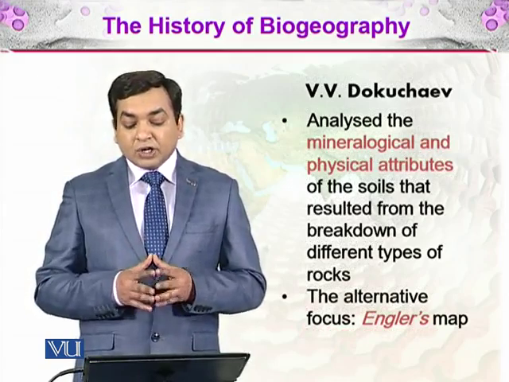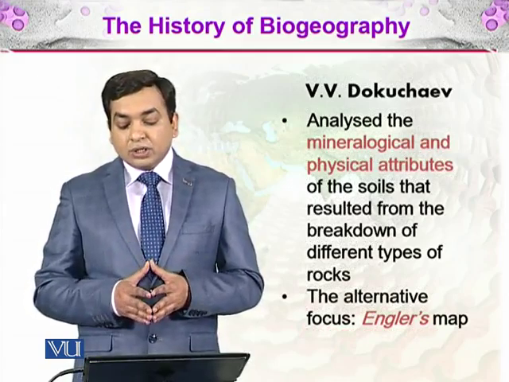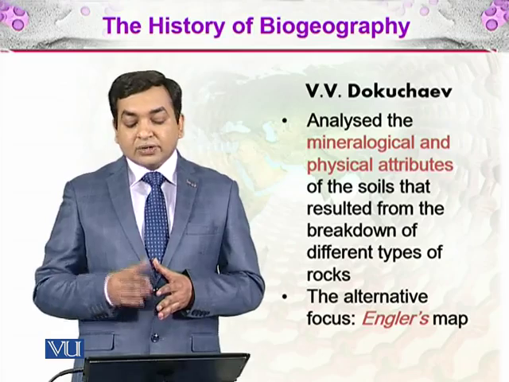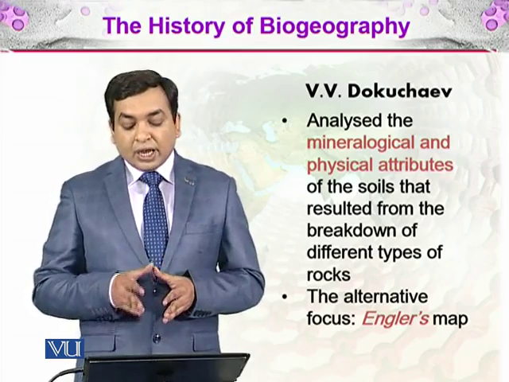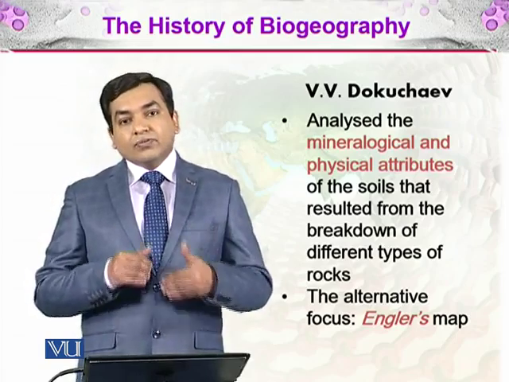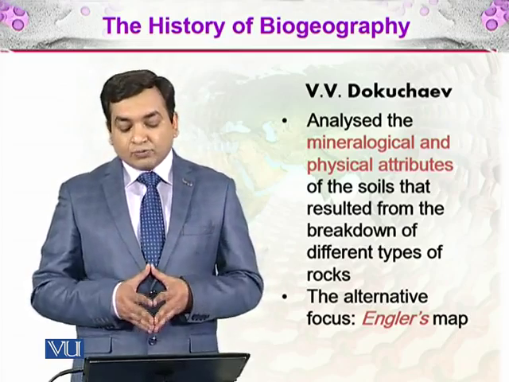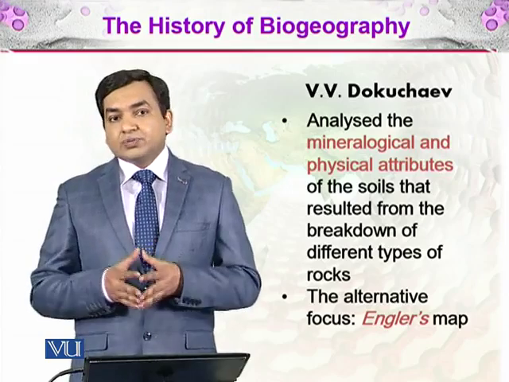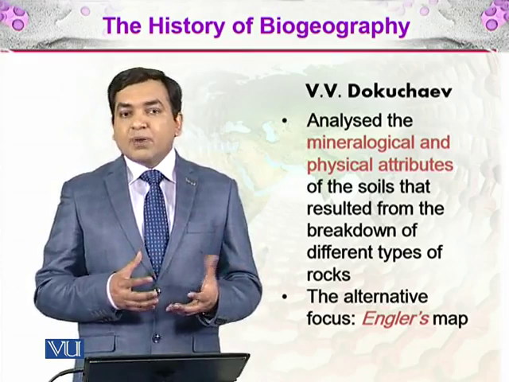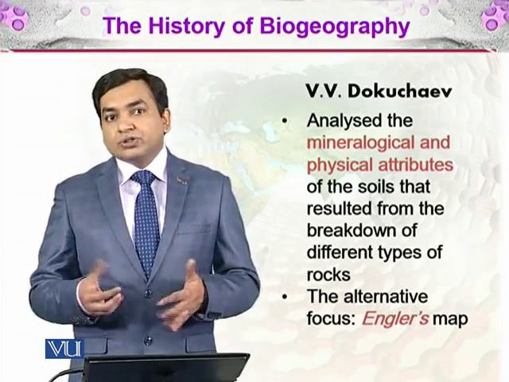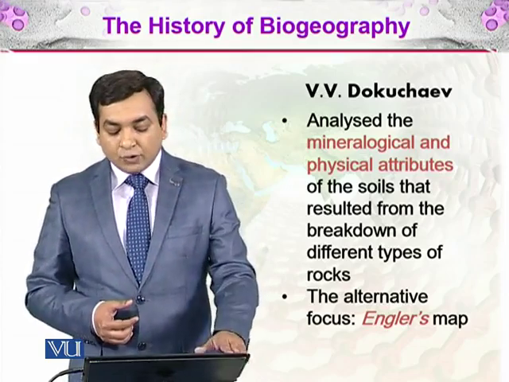He analyzed the mineralogical and physical attributes of the soils that resulted from the breakdown of different types of rocks. And there was later an alternative focus, for example Engler's map, in which the geographical data was combined with the plant distribution data, as we have seen in the very early topics.